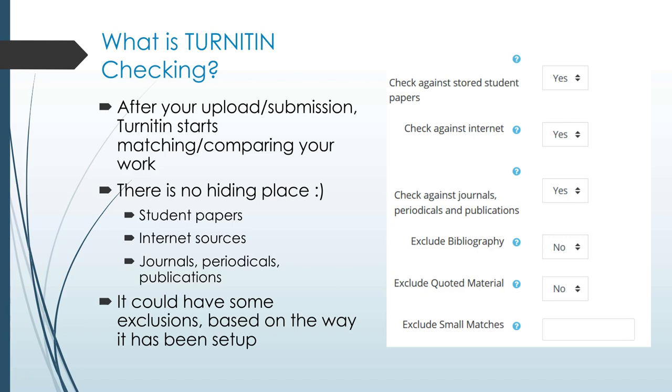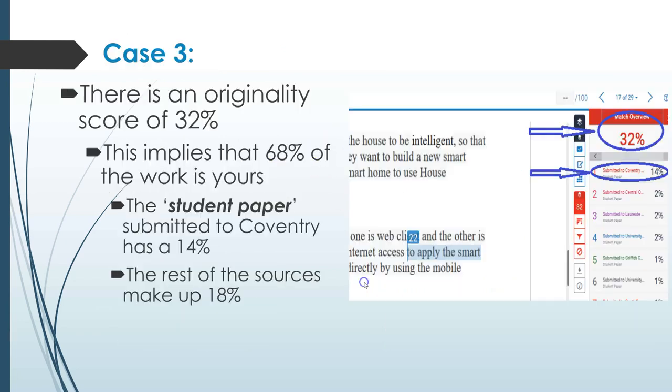It could have some exclusions, based on the way it's been set up. Your lecturer could decide to exclude the bibliography, quoted materials or small matches. But if they do not exclude them and Turnitin picks them up, you will not be penalized for these.